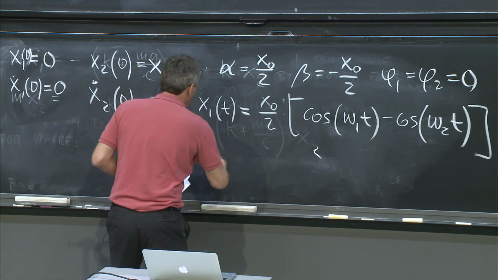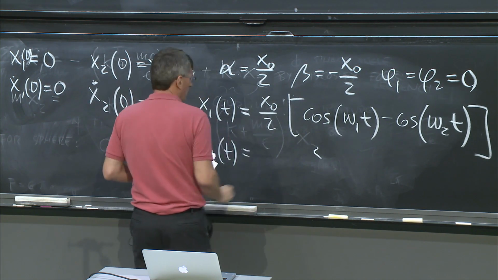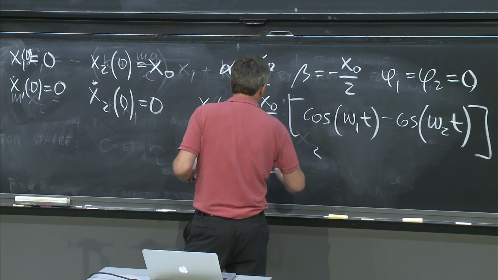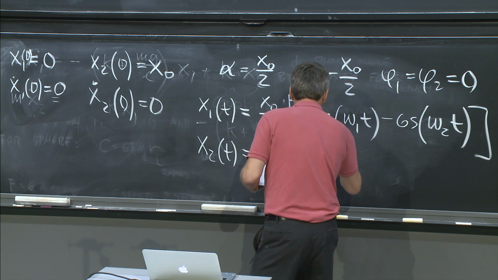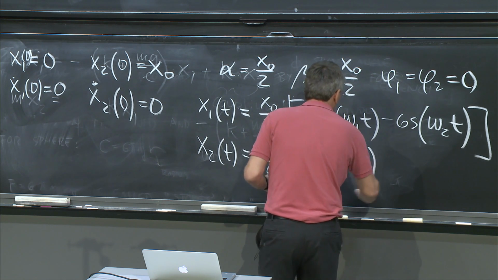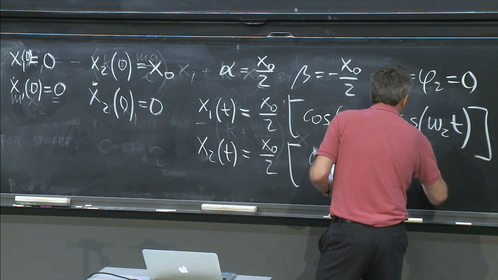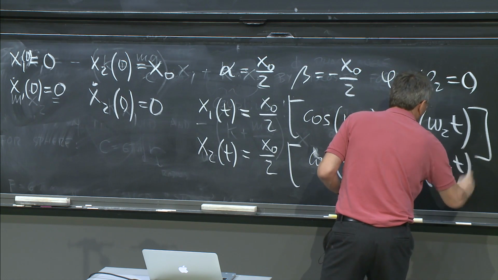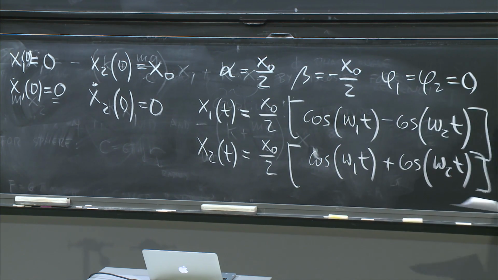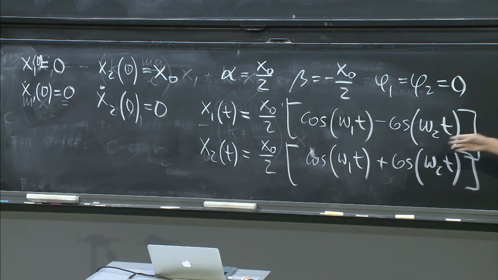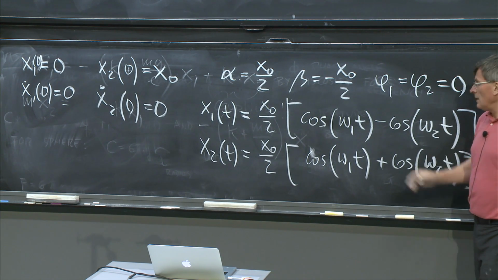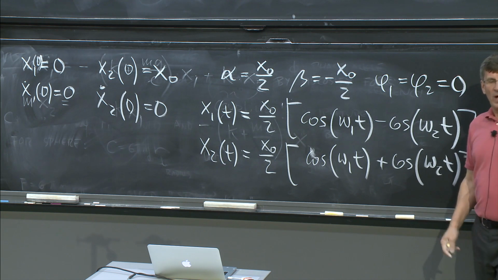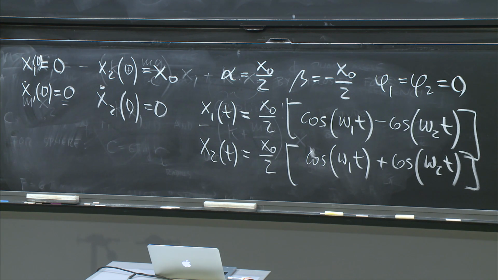And x2 of t will be equal to x0 over 2 cosine omega 1t plus cosine omega 2t. Okay? So each of those objects effectively feels the effects of omega 1 and omega 2, but in a slightly different way. That's why their relative motions are different.